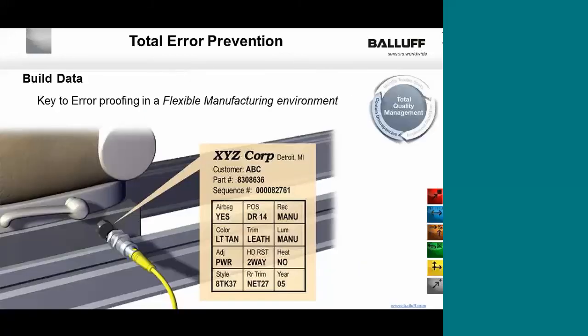So the build data, historically, build data was done on a piece of paper or a ticket. By having the information now on an RFID tag, that really renders well to a true flexible manufacturing environment. And if we think about it, in Canada, most of the manufacturing now is not so much anymore high volume, low mix.